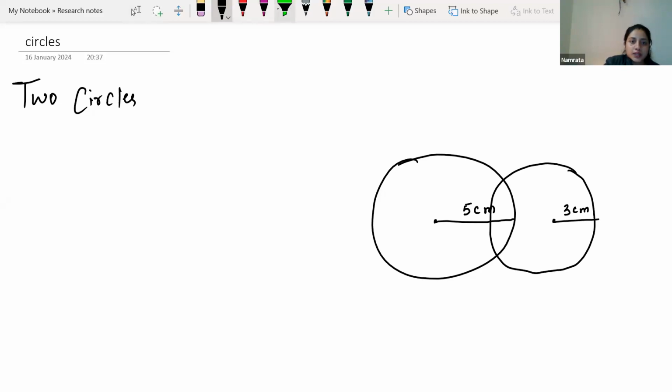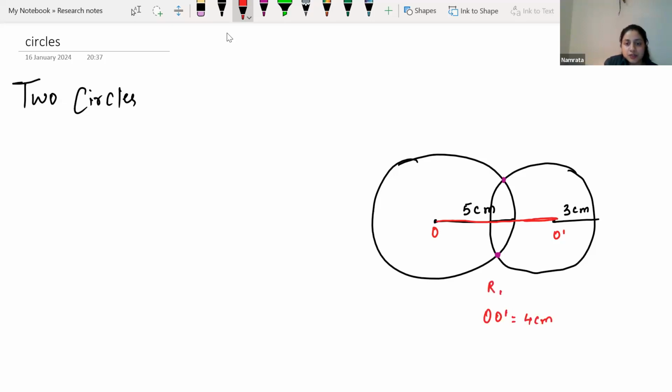Both are intersecting at 2 points, the way you can see in the figure itself, and the distance between their centers is 4 centimeter. If this one is O and this one is O dash, the distance between these two centers, O dash, here I am writing, is 4 centimeter.